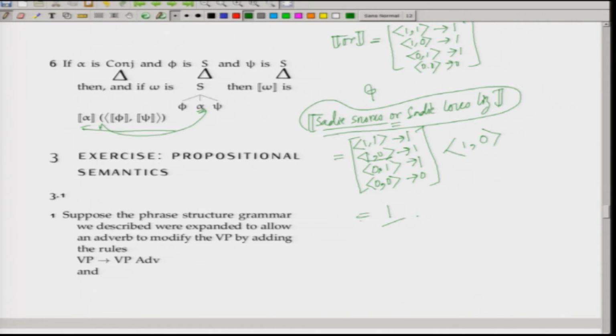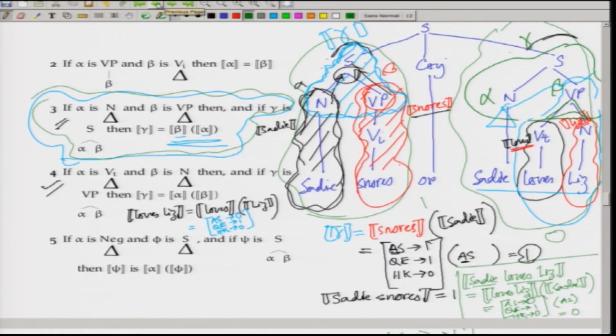So this is how we can construct and calculate truth values of many sentences we can make, and we can also talk about those. Now, after having done these things, there is one rule we haven't used, that is rule 5.